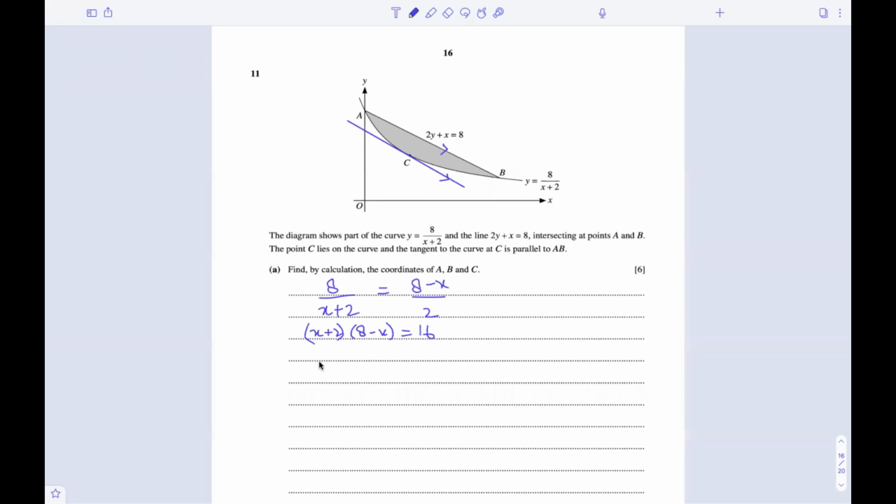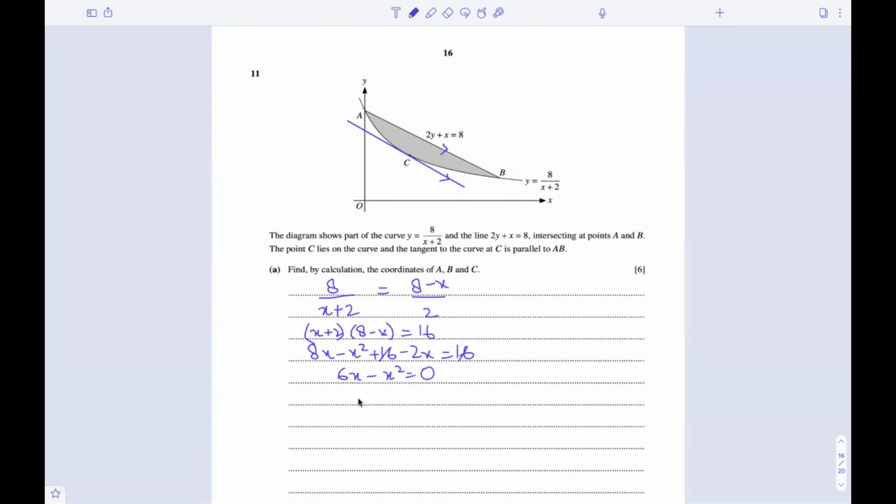Expanding this, we get 8x minus x square plus 16 minus 2x is equal to 16. 16 and 16 will cancel out. We will have 8x minus 2x, which is 6x minus x square is equal to 0.